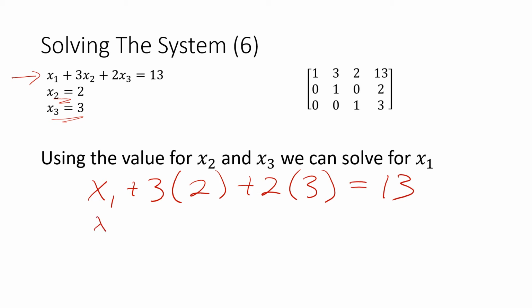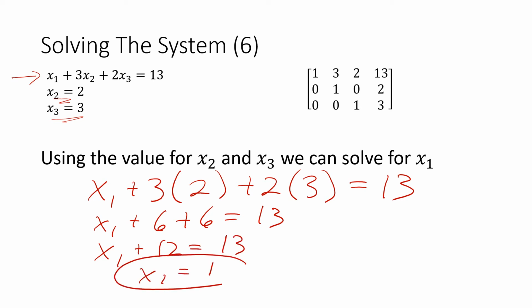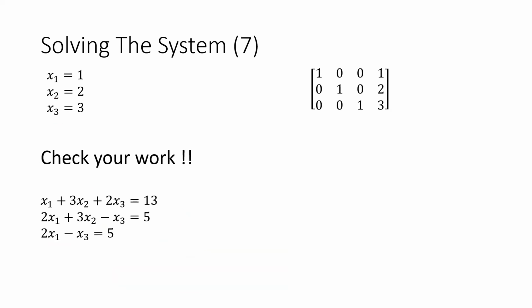Simplify it, solve it out. x1 plus 6 plus 6 equals 13. That gives me x1 plus 12 equals 13, or x1 equals 1. There is my third variable. So I have the overall solution, x1 equals 1, x2 equals 2, x3 equals 3.